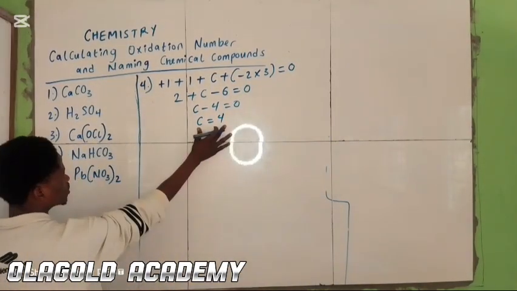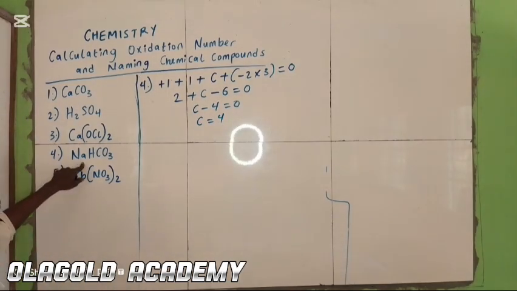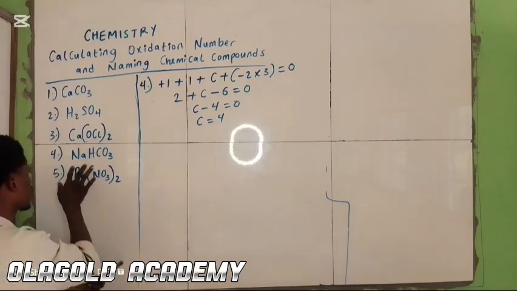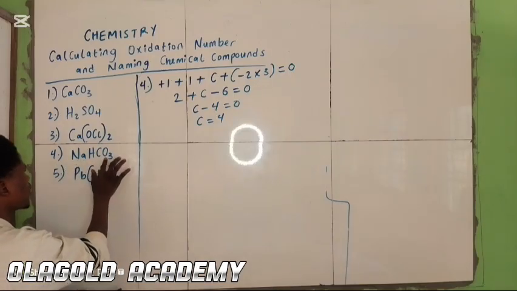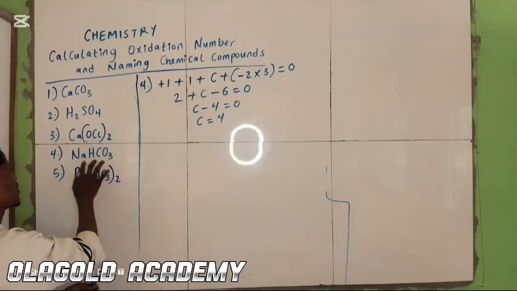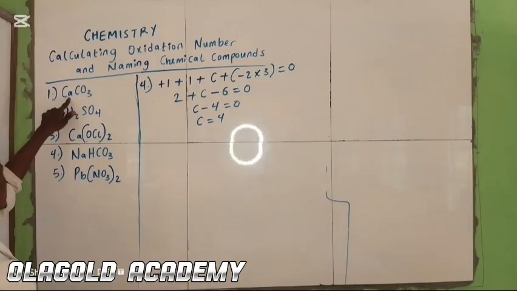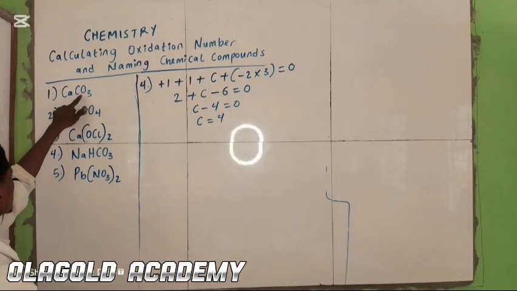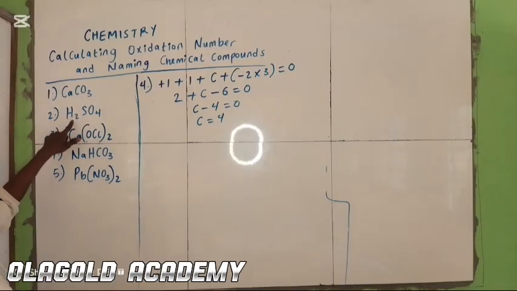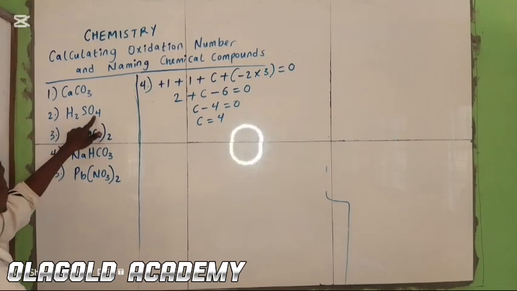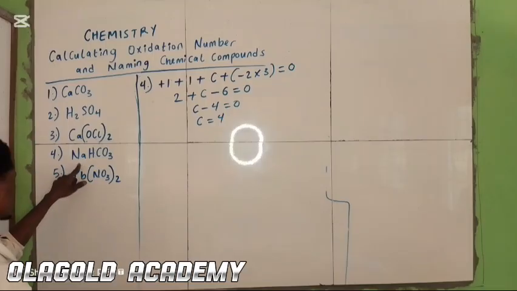The name for this compound: if I pick this sodium first, before I can come here, I would have seen that there are no other substances after it. For this case, I picked here first, then I came here. I know that after here, I'm going to pick these 2 next. But in this case, it is different.